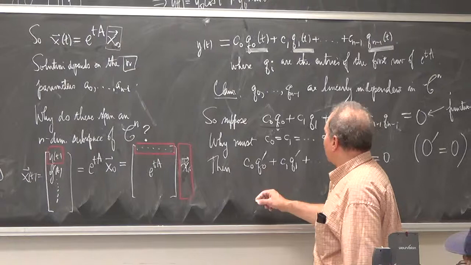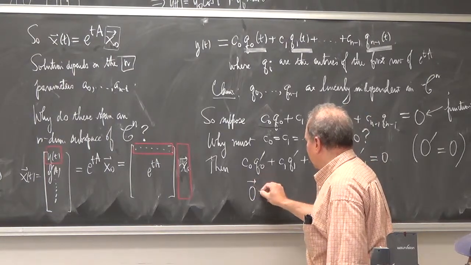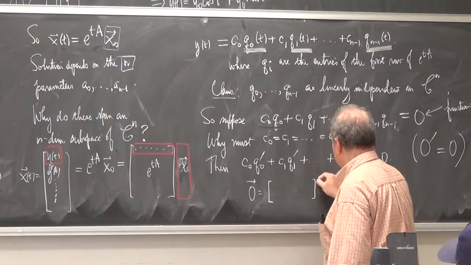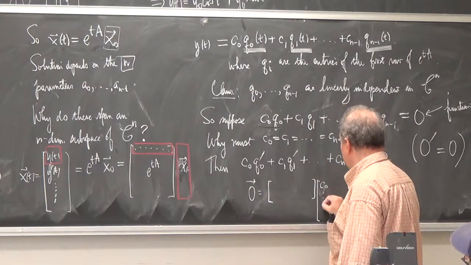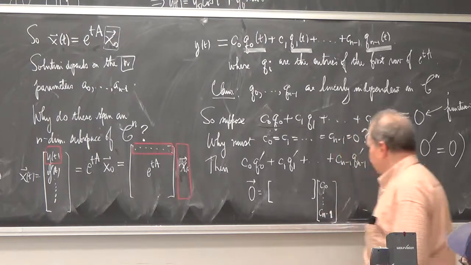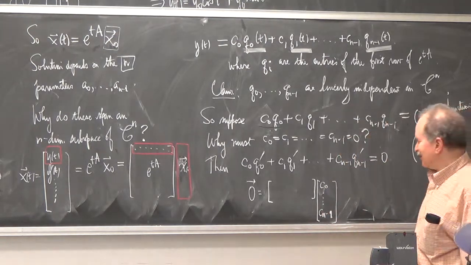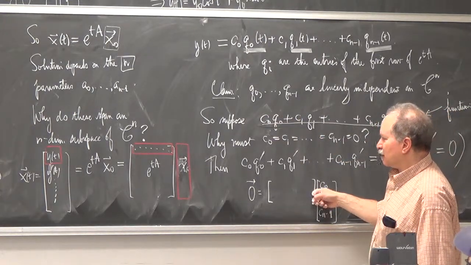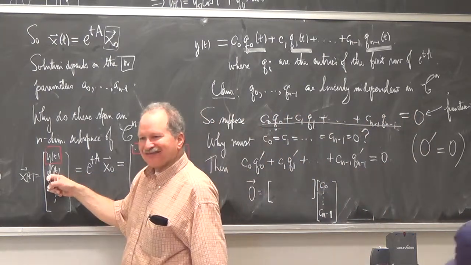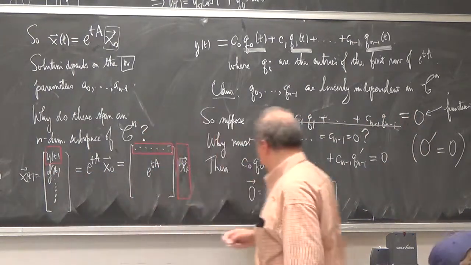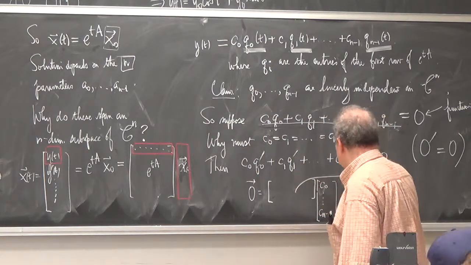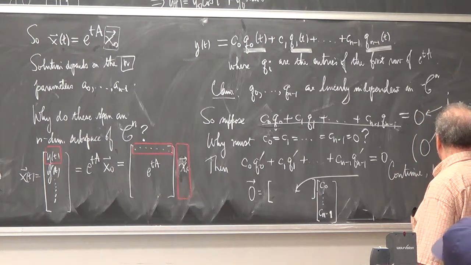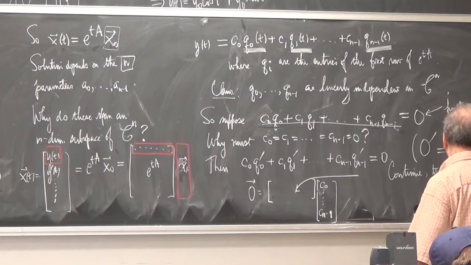So this is saying that the zero vector is what you get when you take the first row of this matrix and multiply it by these scalars. The second row. So the first equation was the first row. Right. But now we have y prime is also 0. Well, they're all 0. So if you continue this way, it's true for all derivatives.